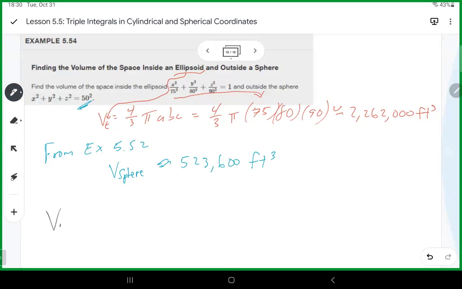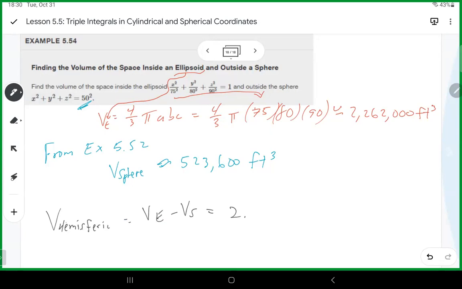So the volume of the hemispheric space is going to be the ellipsoid minus the sphere.